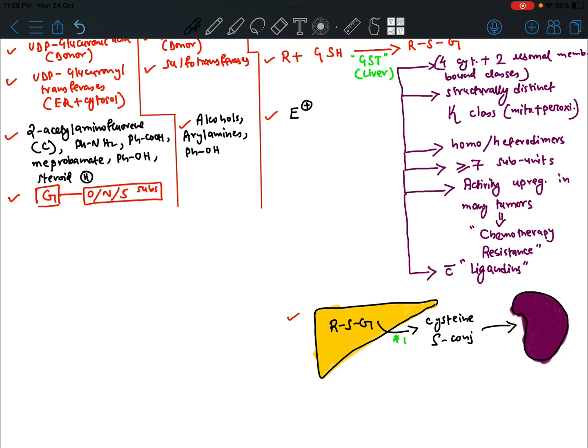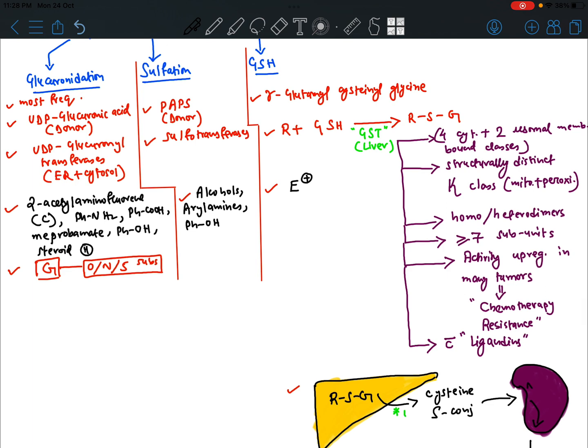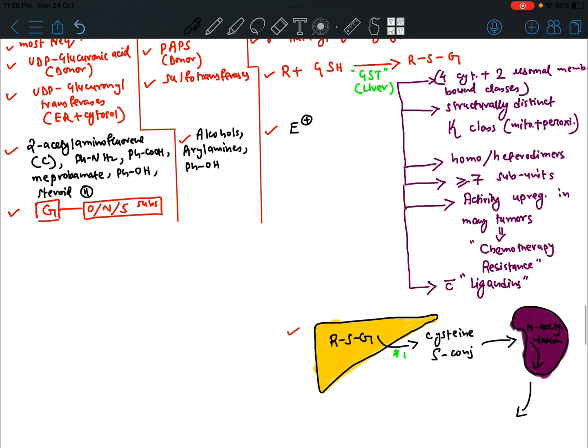Then what happens? N-acetylation happens in the kidney. It's difficult to write here. N-acetylation, and we get mercapturic acid.